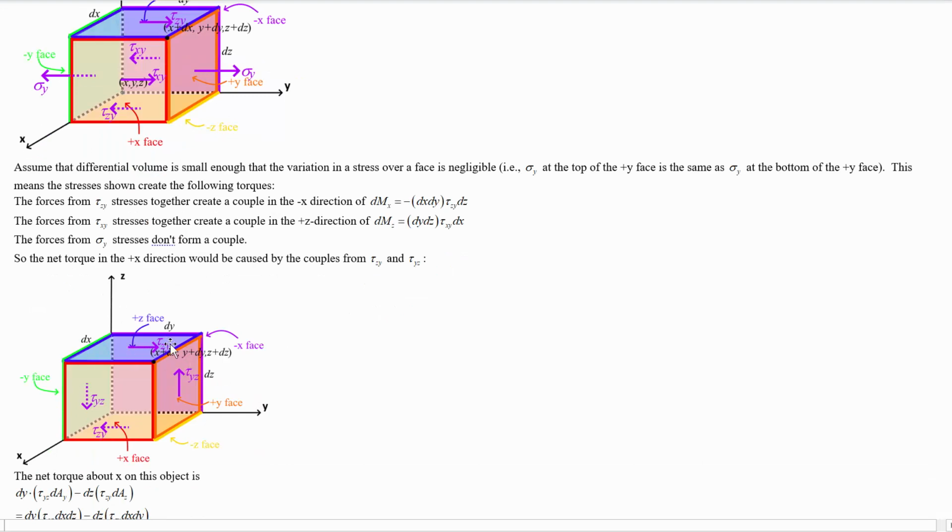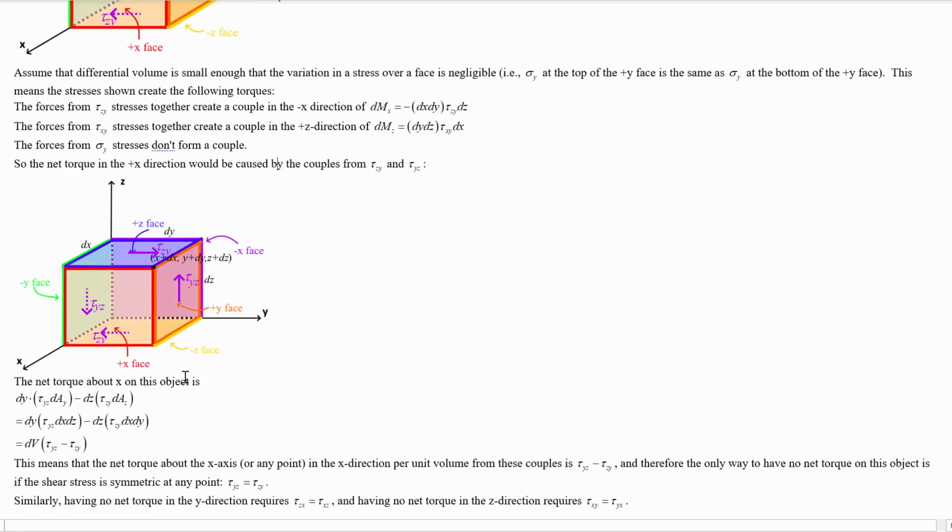This creates a moment in the negative x direction, and tau yz will create a moment in the positive x direction. So the net torque about the x-axis, for example, will be the moment arm dy times the force created by this shear stress.